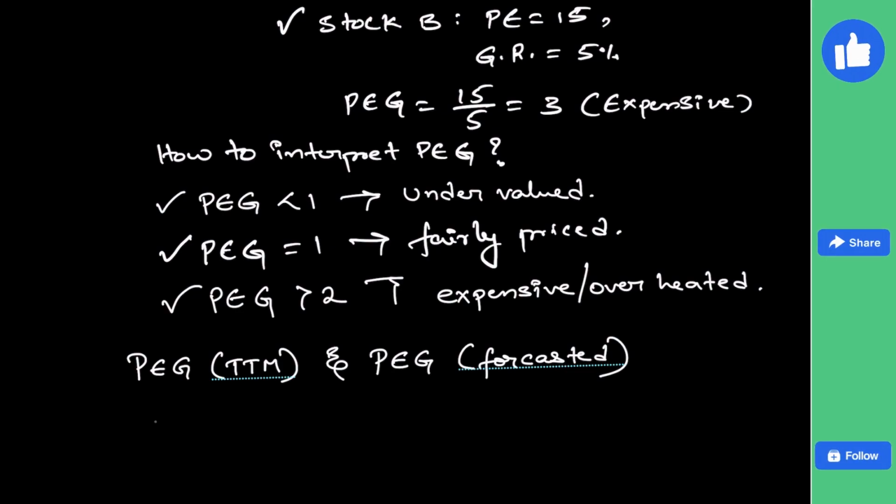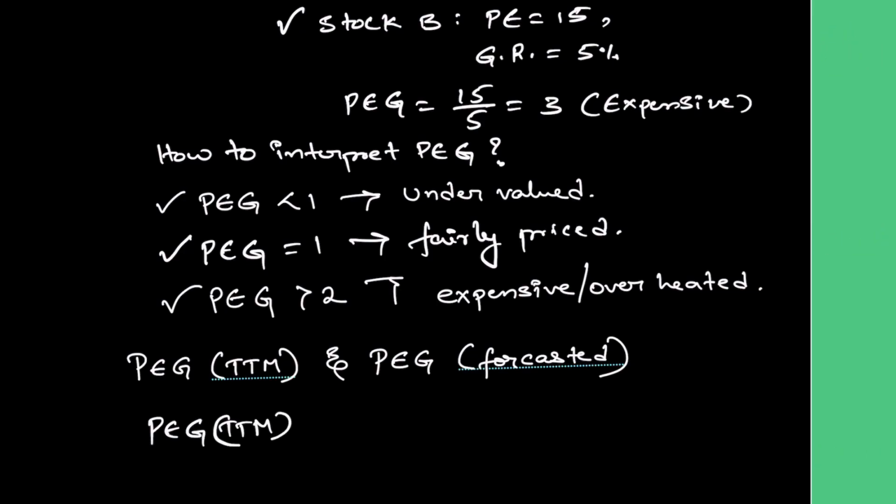Suppose PEG TTM is less than 1, we consider, oh, the stock is fairly priced. But what you have to think is that the company has already delivered the expected growth rate results for the PE ratio.